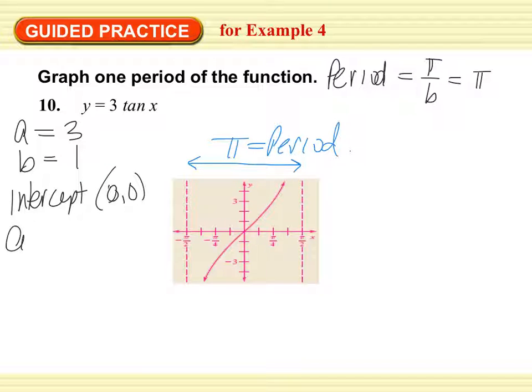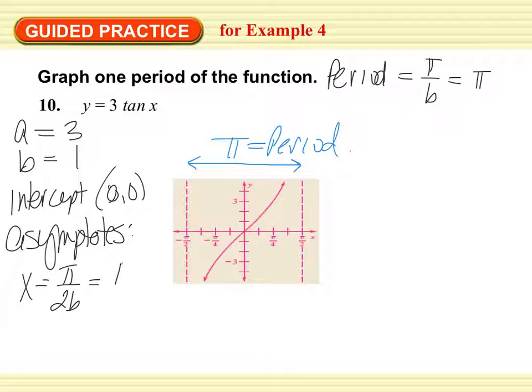Our asymptotes, x equals pi over 2b, so that's just going to be pi over 2, and negative pi over 2. So that gives me this line. So we've got 3 points.